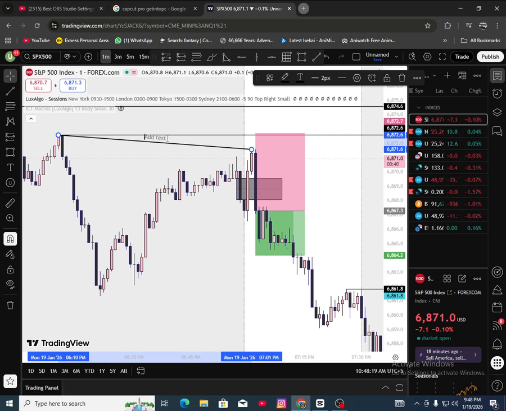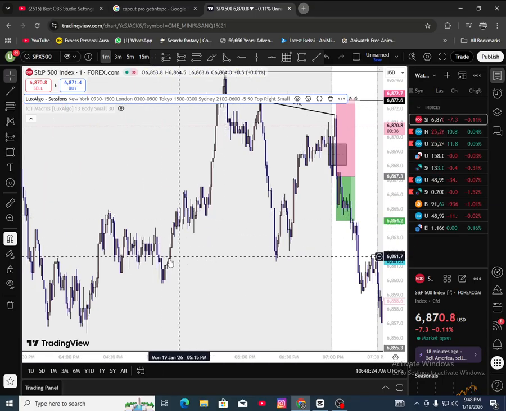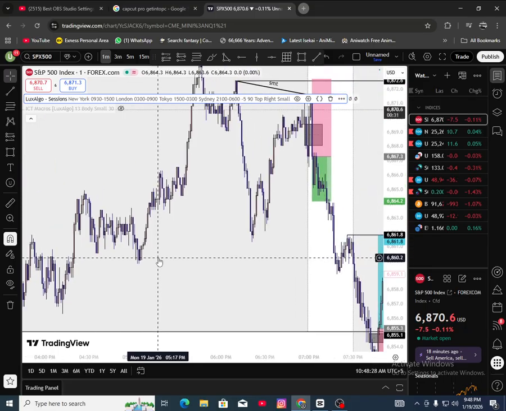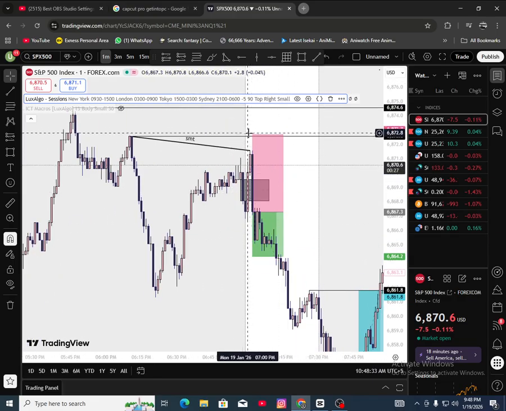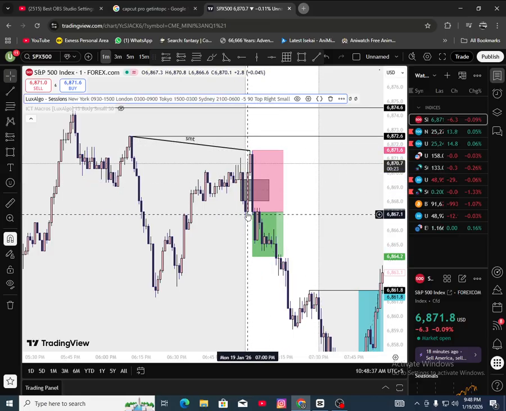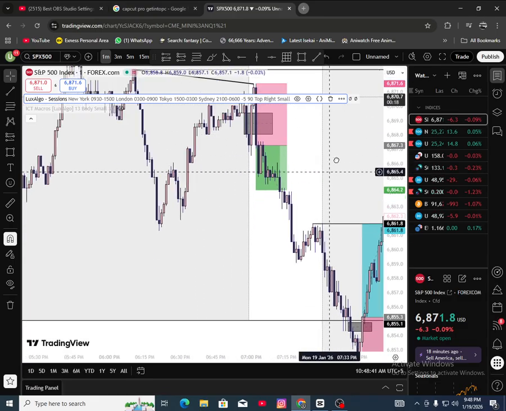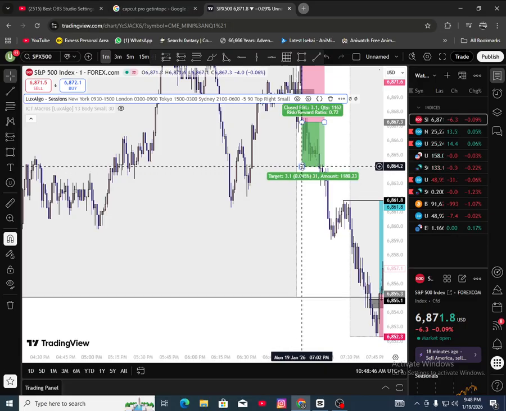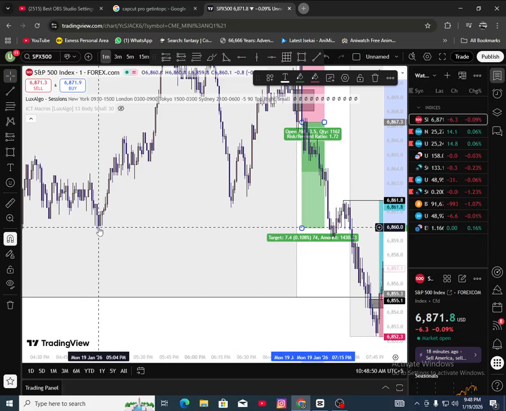We had an SMT here, so we will target these lows, these equal lows. Let us put our stop loss here. If the market comes here, it would take all the above liquidity and then go down. So just put your stop loss at some main high or something like that, and our target is this low.